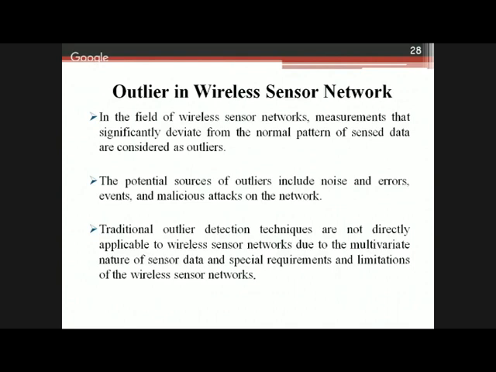What are the potential sources of outliers? The potential sources of outliers basically include noise, errors, and attacks on the networks. So these are the possible sources of outliers in the wireless sensor network.